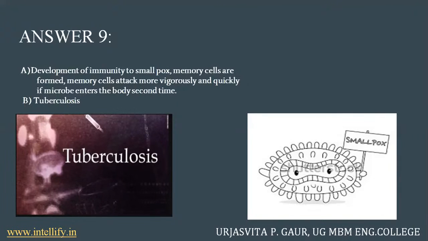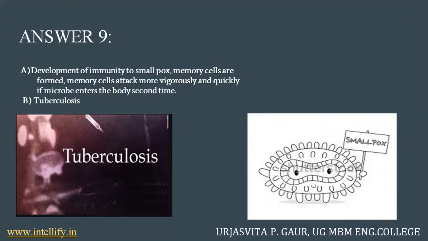They know how to react, and they will quickly and vigorously stop or prevent the further development of the smallpox virus in the body. So this develops an automatic defense mechanism for the second time the virus comes into the body.